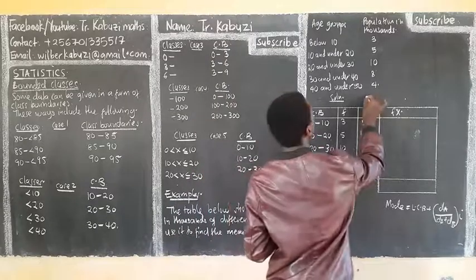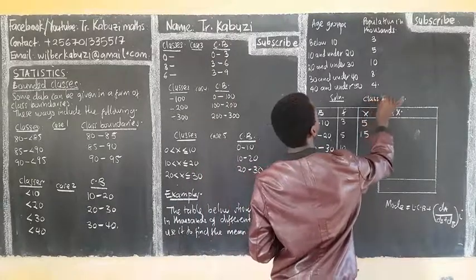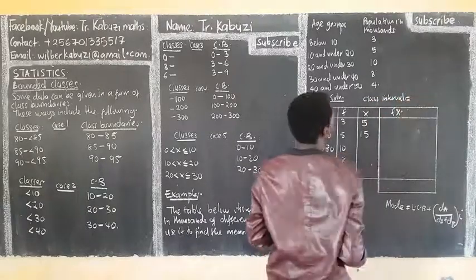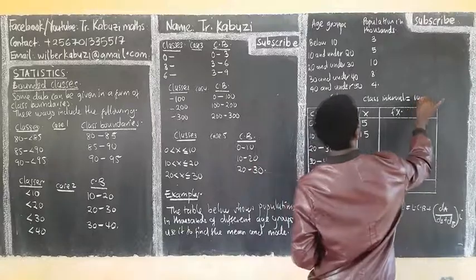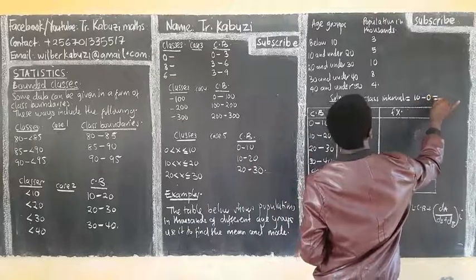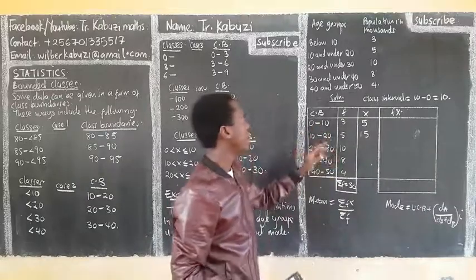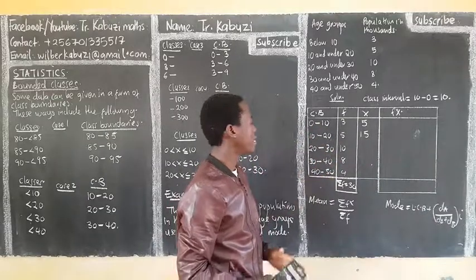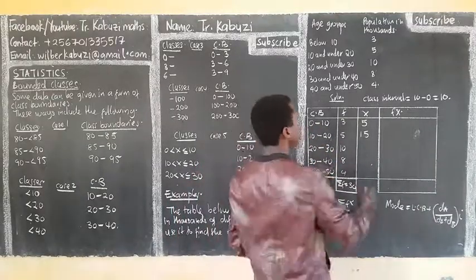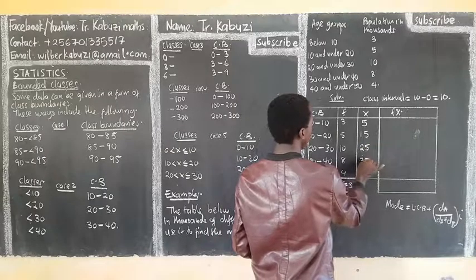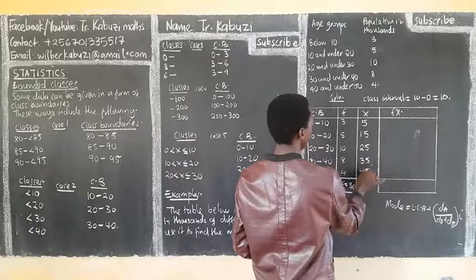So here our class interval will be, these are now limits or class limits. So you just get 10 minus 0, it will be equal to 10. Because these are class boundaries or limits, it's going to be 10, 10. So you just add 10, 10. Add here 10, this is 25, 35, then 45.